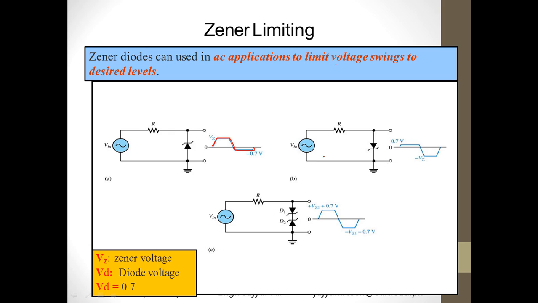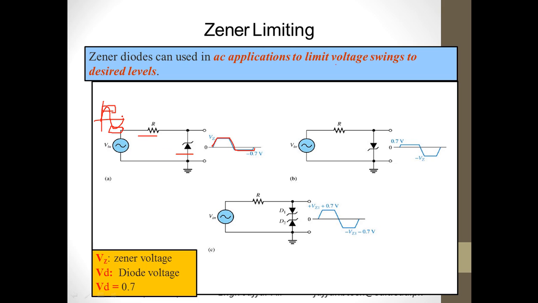Now there is another very interesting application for Zener, that is known as Zener limiting. You can see that in this diagram you are giving an AC wave, and you want to clip some of the wave from here, as we do in a clipper. So how can you do that? You can easily do that by using a Zener with a resistor.